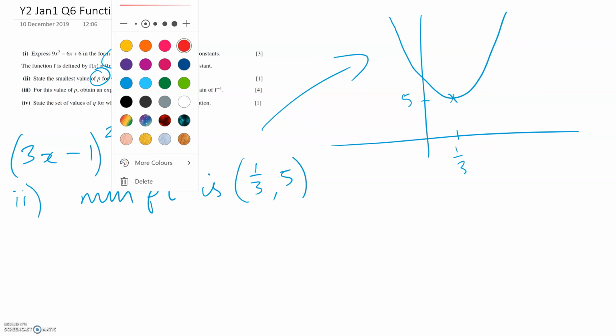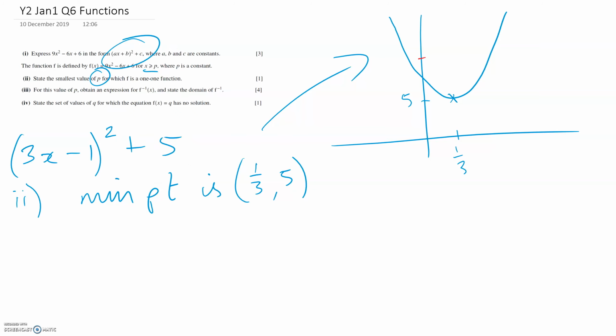Now at the moment there isn't, because this one y value up here has got 2 x values here and here. So we want to restrict the domain of the quadratic, so it's a 1-to-1 function. Now the way we could do that is to kind of chop the quadratic in half.